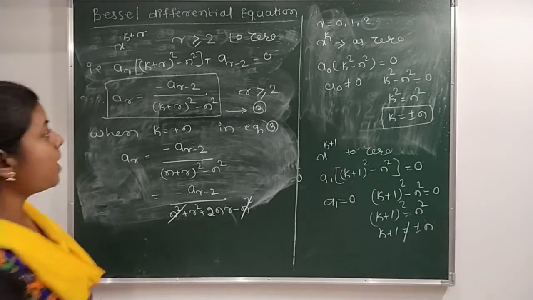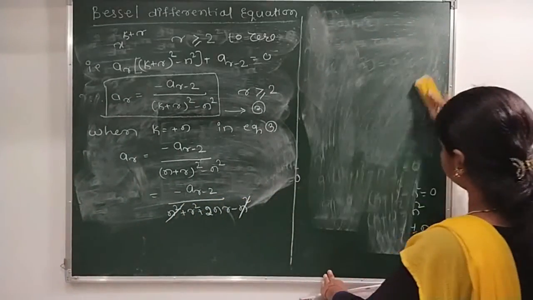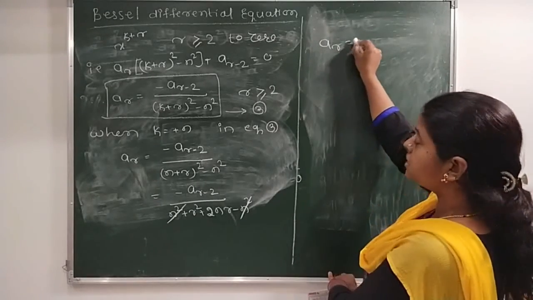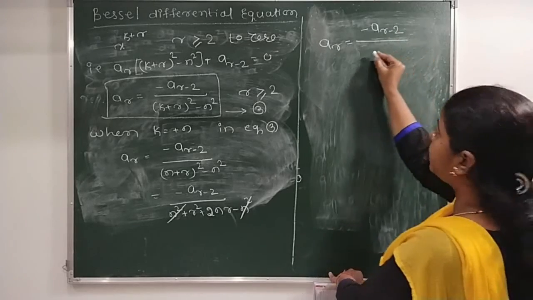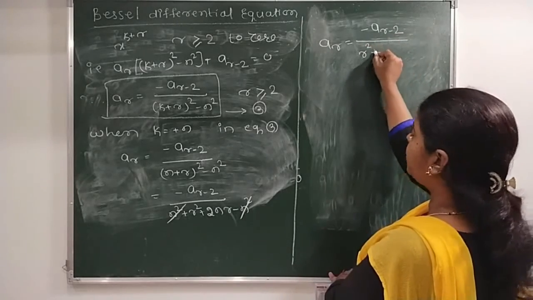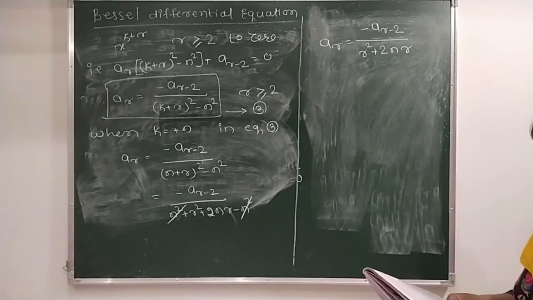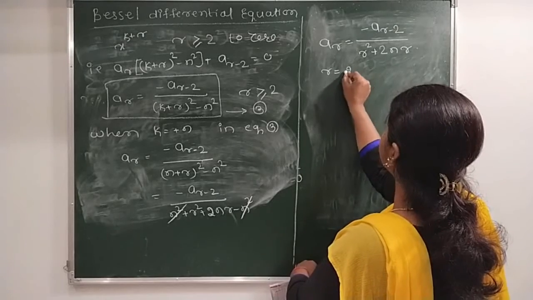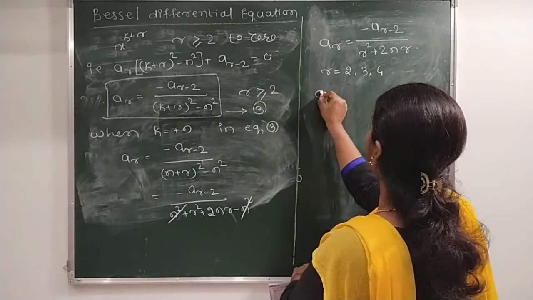Now the ar value we got as ar is equal to minus a r minus 2 divided by r square plus 2nr. This is the ar value. After that we have to substitute 2, 3, 4 values of r.